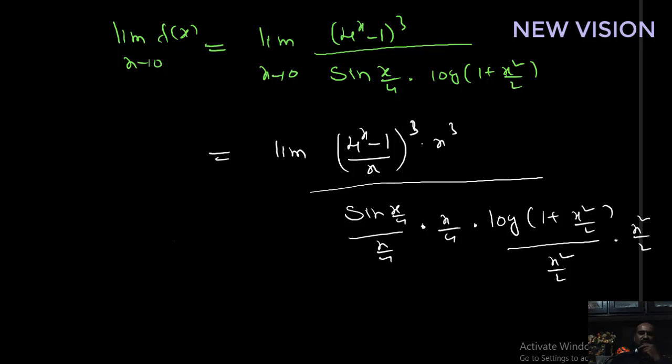Students, listen now what happens. This x square and x cube get cancelled, so x is tending to 0.